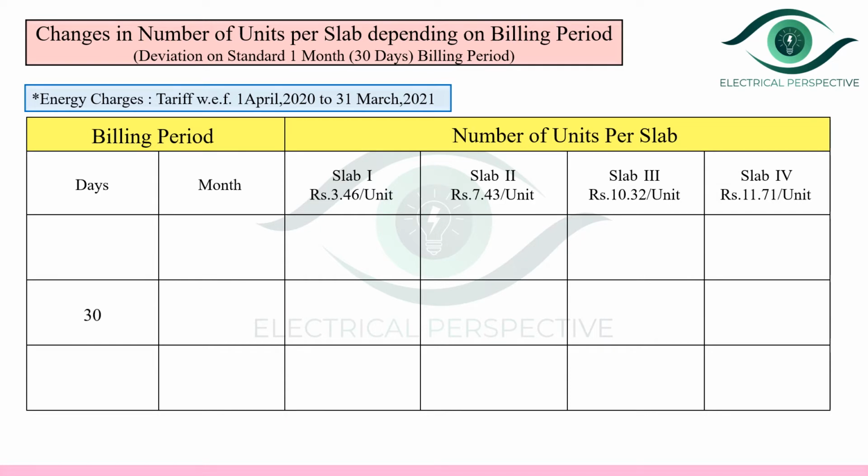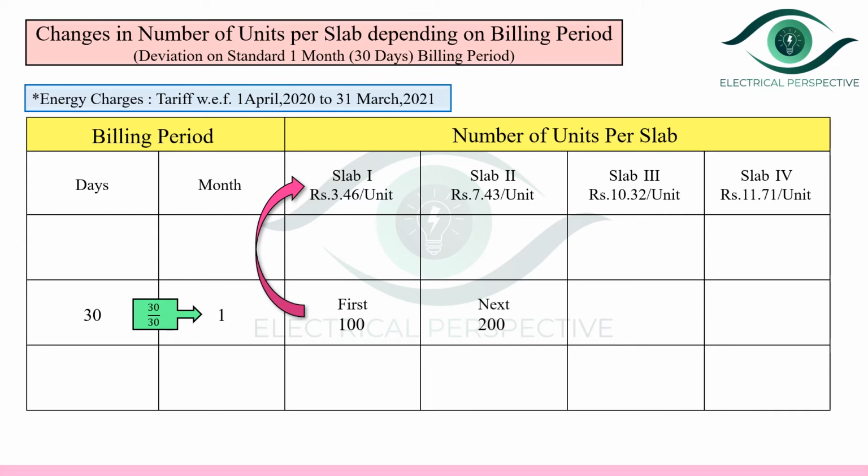So for 30 days, that is, the actual billing period is 30 days, and as per the tariff order, the charges are mentioned considering 30 days also. So 30 by 30, that is 1. So the billing period is 1 month. Thus, for this period, the first 100 units will be considered under slab 1 and will be charged at 3.46 rupees per unit.